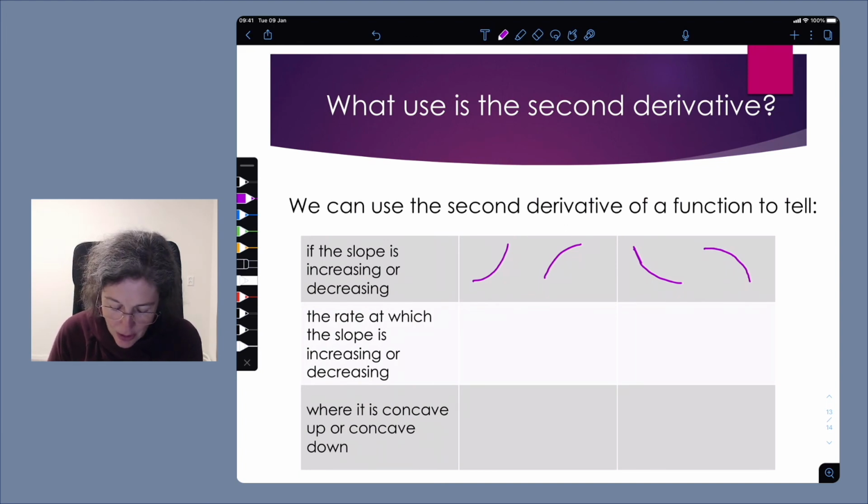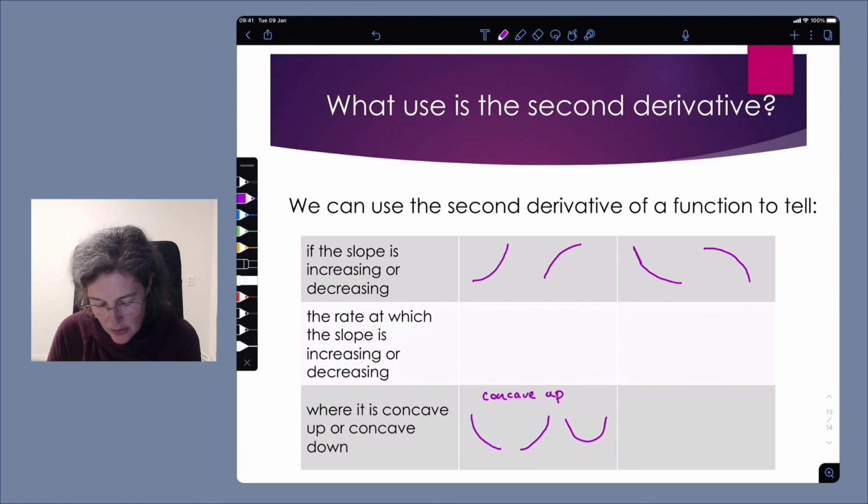So concave up is if a function looks like this, or a combination of those two. So that's concave up. And this is when our second derivative is positive. Or rather, let's write this.